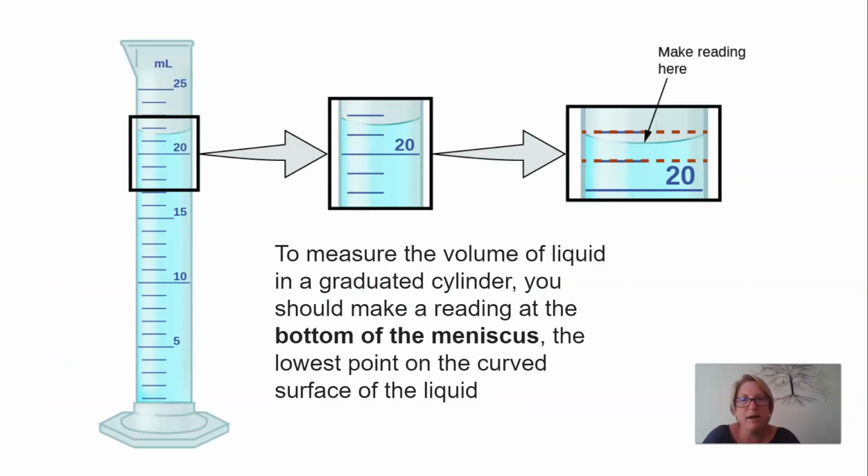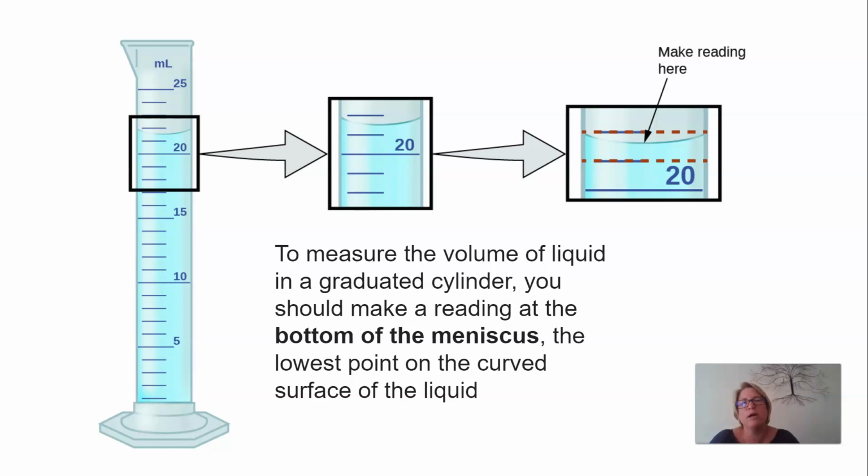So just as a reminder, when we are measuring any liquid in a graduated cylinder, to measure the volume of liquid you should make a reading at the bottom of the meniscus. That is the lowest point on the curved surface of the liquid.